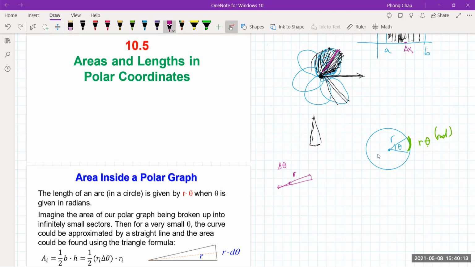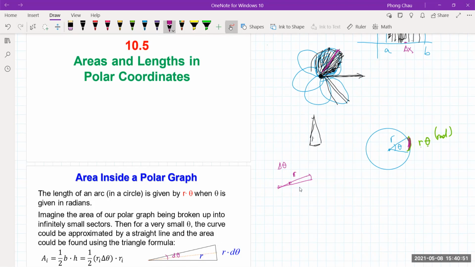Then this part right here looks just like a sector, I mean the arc inside the circle. Then this length here is r times the angle. Here's an r, and the angle here is delta theta. Sometimes it's written d theta or delta theta, but we use them interchangeably.